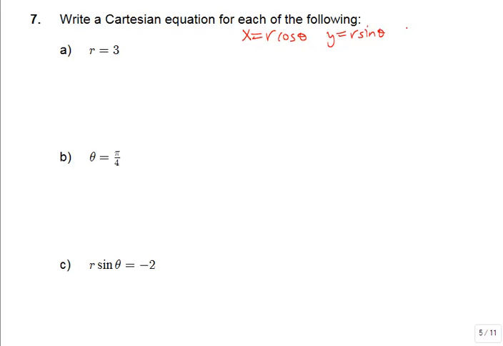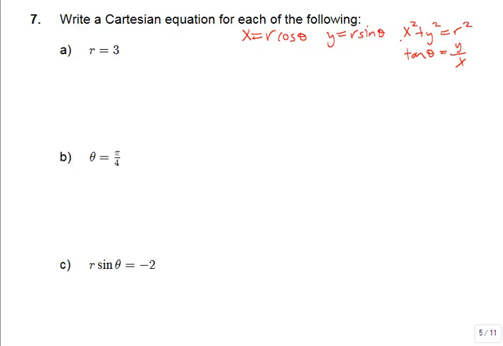We also might need that relationship that x squared plus y squared equals r squared, or tangent of theta is equal to y over x. So we might be using any of these. So let's start with r. On this first one here, if r is just equal to 3, what could we do to find out what this is in its Cartesian form?